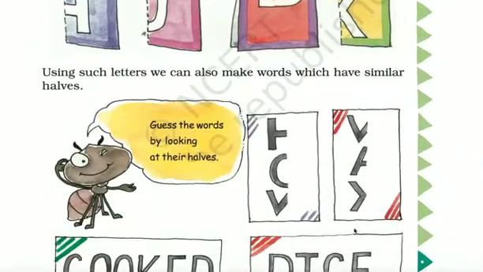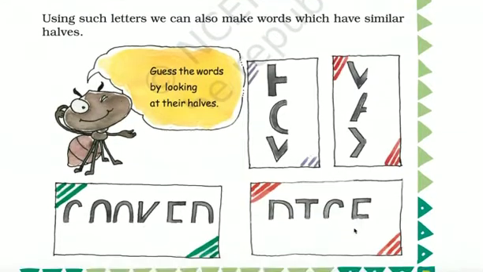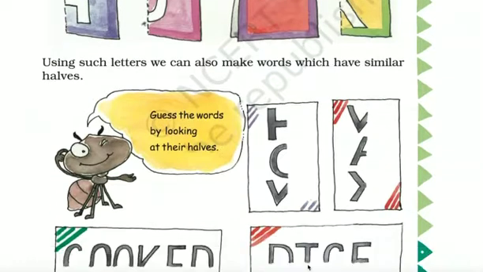Okay. Using such letters, we can make words which have similar halves. Guess the words by looking at their halves. Okay, we'll guess. This is H. This is O. Right. This is W. Same thing, right?